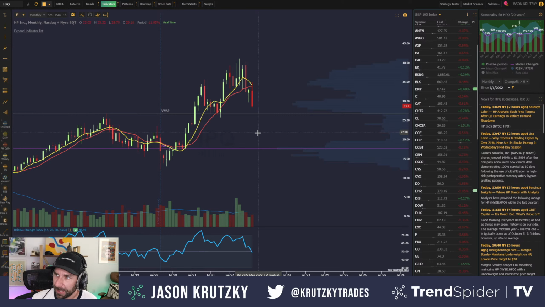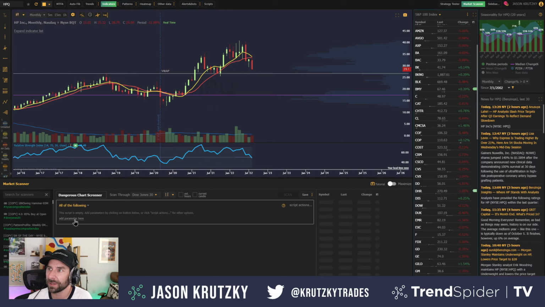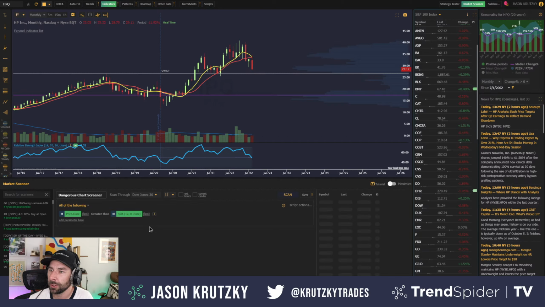Now we could, in reality, scan through some of these. Actually, let's do that. Since it's going to be difficult for us to get through all these names, maybe we just want to scan through and see which names are actually looking pretty decent. Let's say condition: price monthly close greater than indicator monthly simple moving average 12.